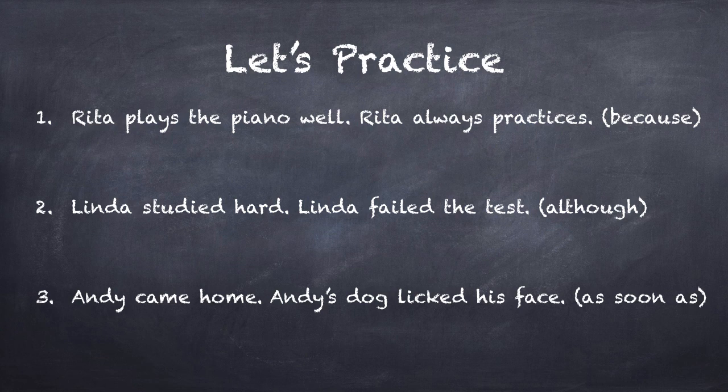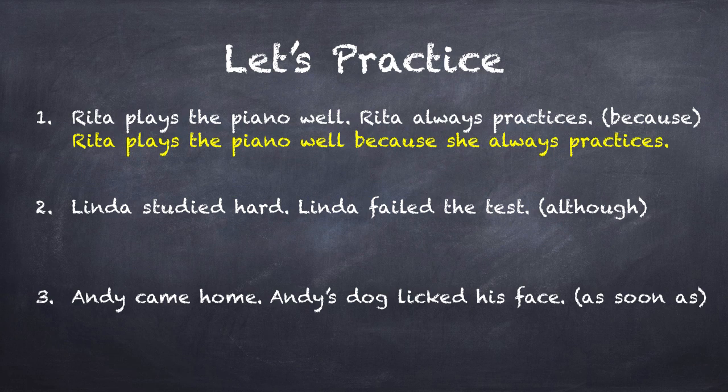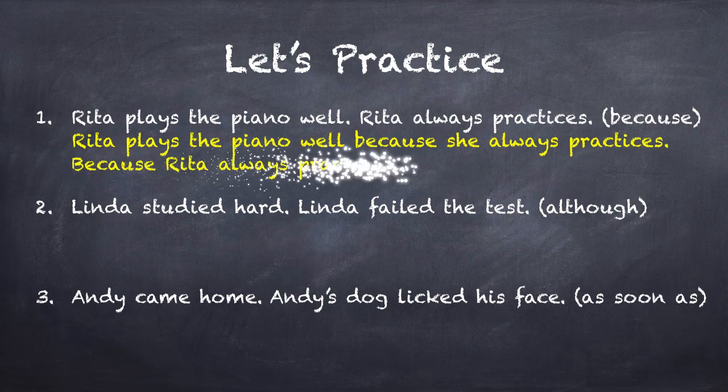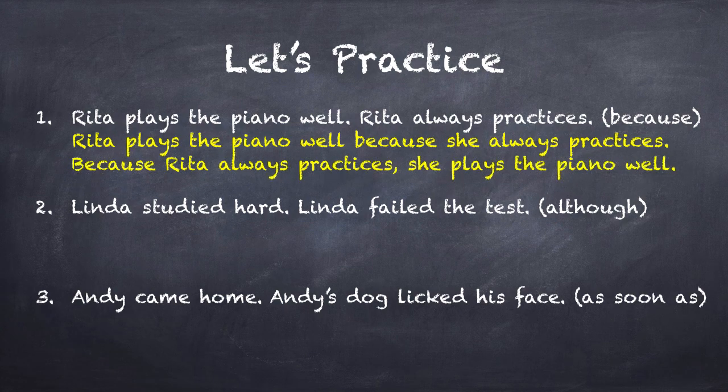In the first example, we have Rita plays the piano well, Rita always practices. We have two ways that we can put these sentences together with the subordinator because. First, we have Rita plays the piano well because she always practices. We could also write, because Rita always practices, she plays the piano well.